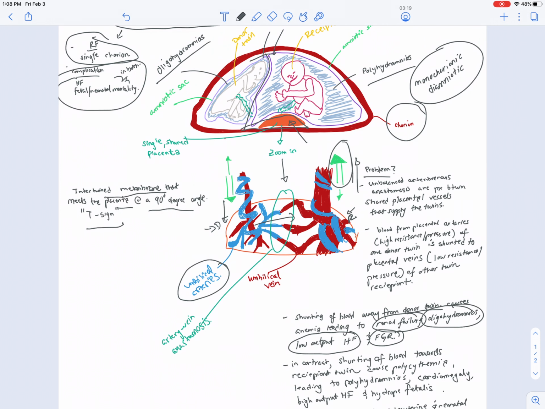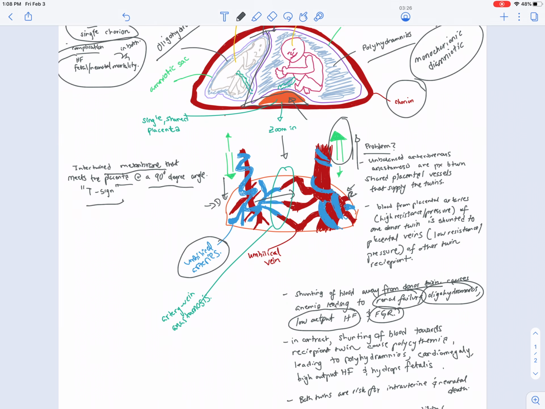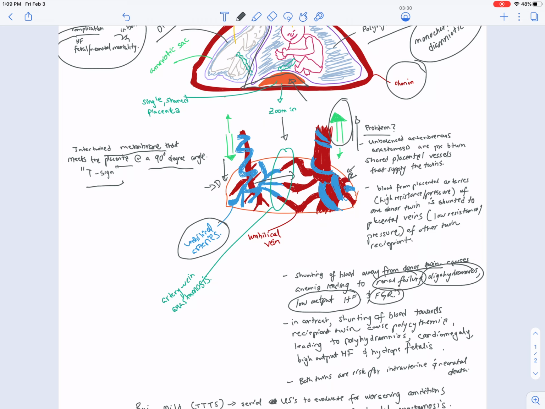Because the baby doesn't have enough amniotic fluid, mom's body is going to start compressing the baby, and it's going to cause the baby to not grow properly.